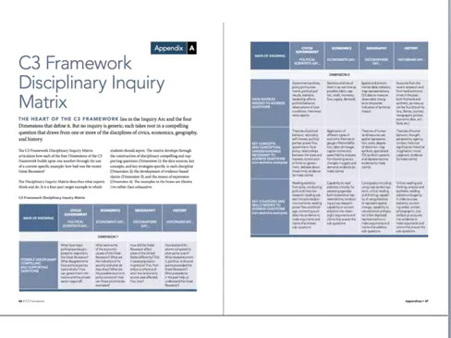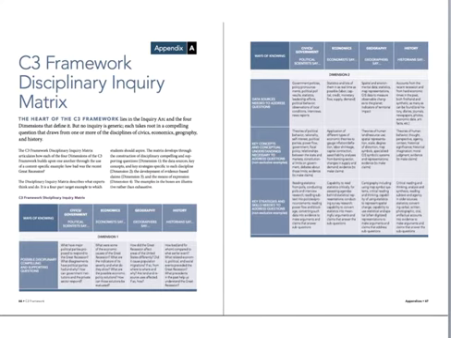So we're going to take a look now at what we call the disciplinary matrix. And this is an example of disciplinary thinking in the disciplines from the C3 framework. This example is an appendix to the C3 framework. And again, it's what we call the disciplinary inquiry matrix.